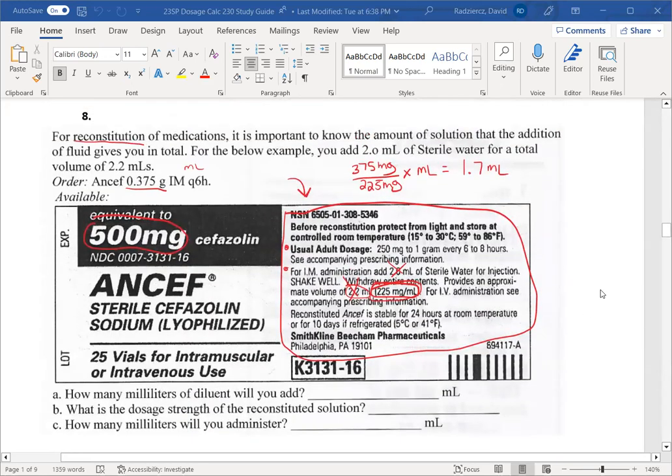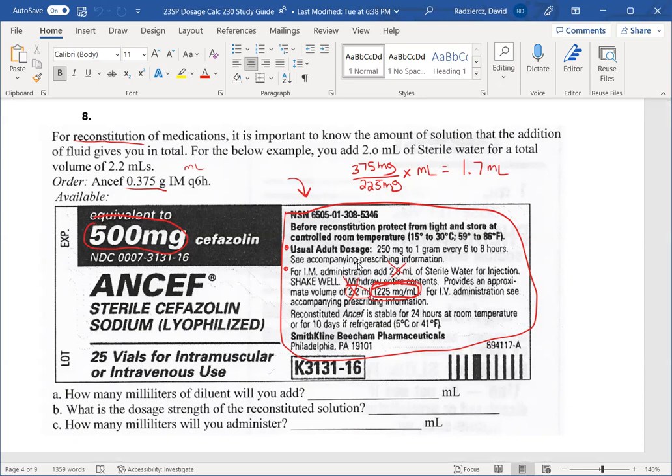This is what their reconstitution type question looks like, where you first identify that you're dealing with a reconstitution question, and then secondly, you have to be able to find the concentration or the strength within the label itself. At Allegheny, we're not doing this yet that I know of, but this is just an example of what a reconstitution question could look like. So maybe you might see it on an NCLEX or something like that.